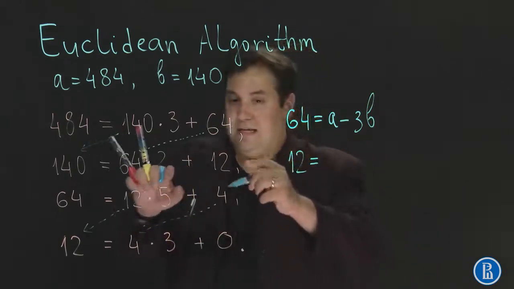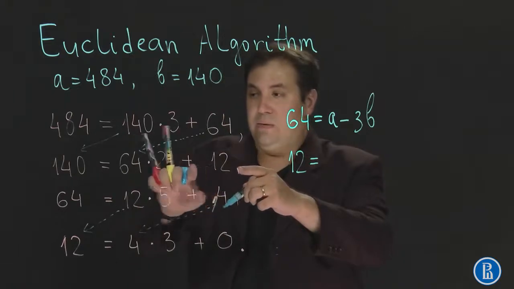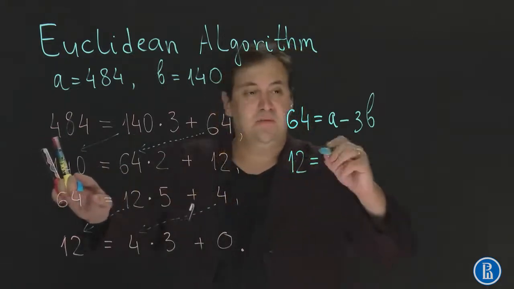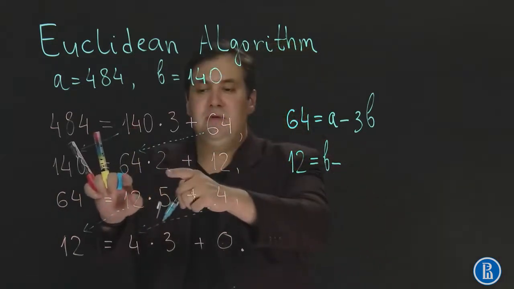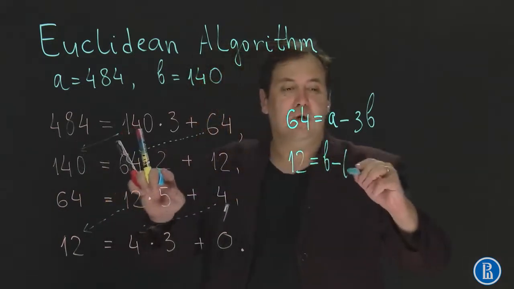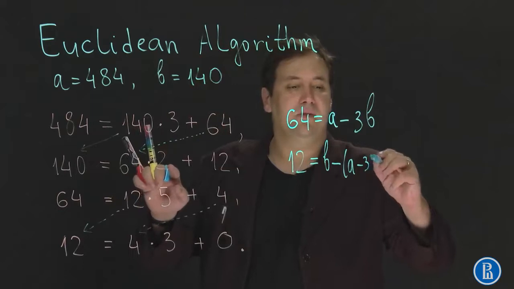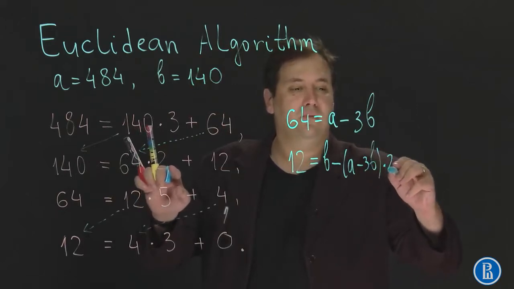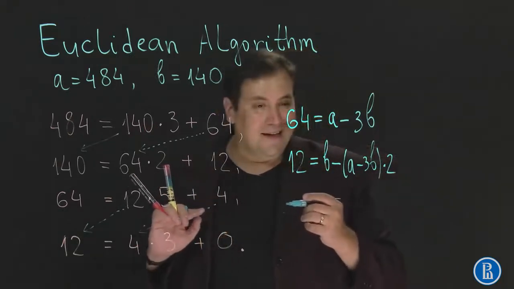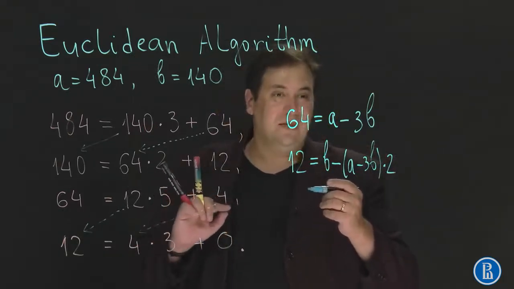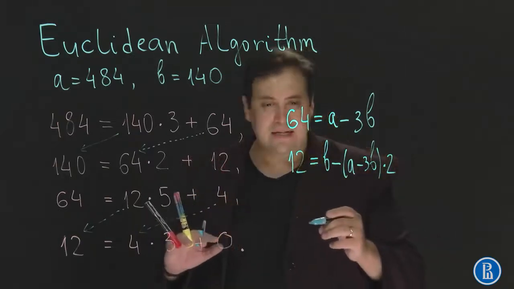Well, we see that 12 is equal to 140, which is b, minus 64 multiplied by 2. But 64 is already a minus 3b, so we multiply this expression by 2. And, well, I suppose we can simplify this.